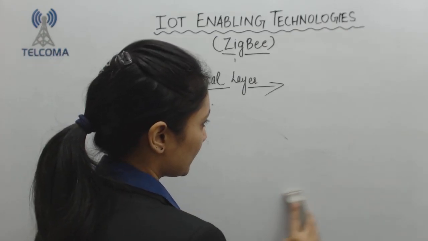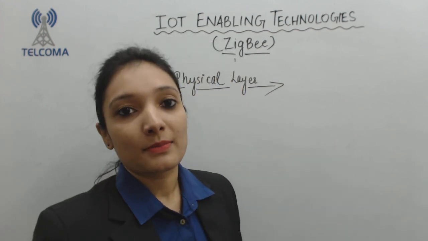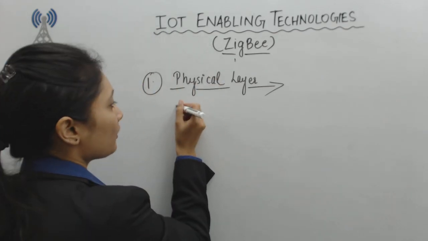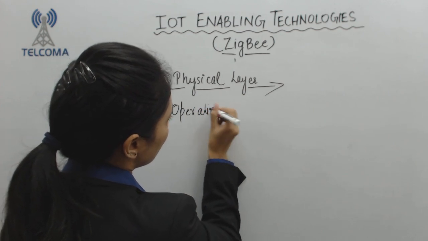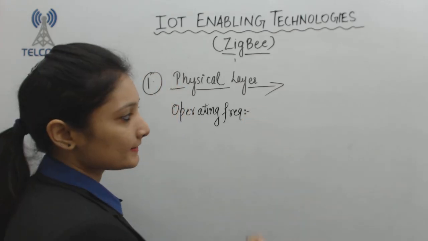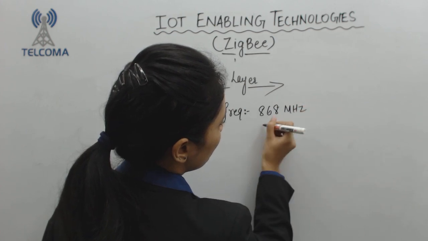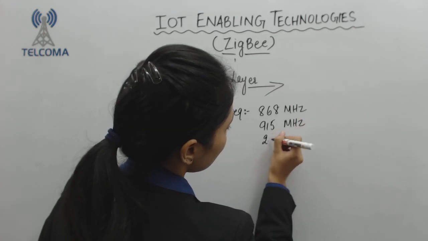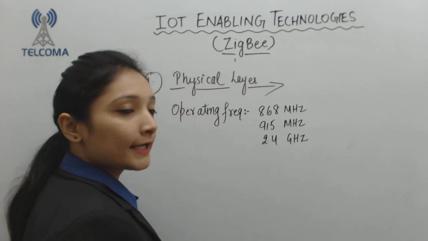Now we know that your Internet of Things basically operates on the unlicensed bands, that is your ISM band. So for Zigbee, your operational range of frequencies is 868 megahertz, 915 megahertz, and 2.4 gigahertz.